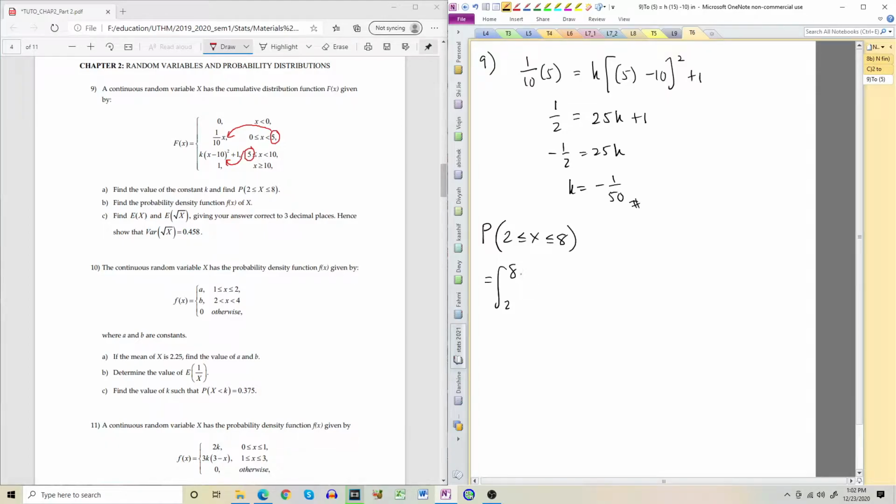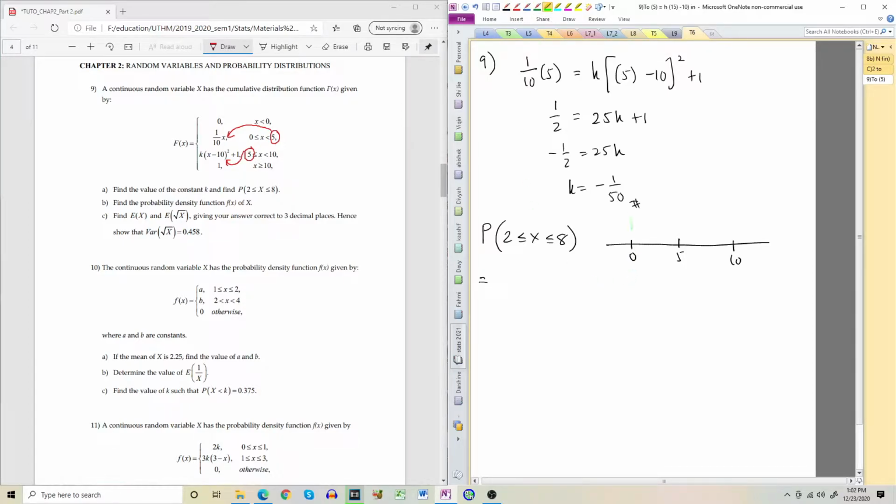So in this case you don't need to integrate because they have given you the cumulative distribution function. If they give you a density function, then you integrate. Now since they already give you the cumulative function, what we do, the intervals are from 0, 5, 10.